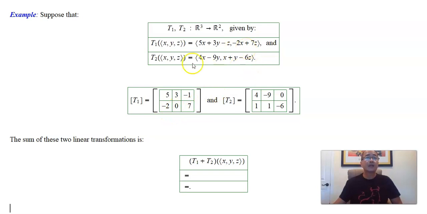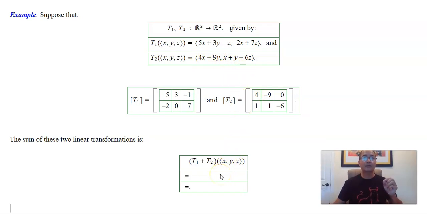Again, there is no y there. Similarly for T2, we have 4, minus 9, 0 for row 1, and 1, 1, minus 6 for row 2. Okay, so quick review of how to assemble the matrix of a linear transformation.